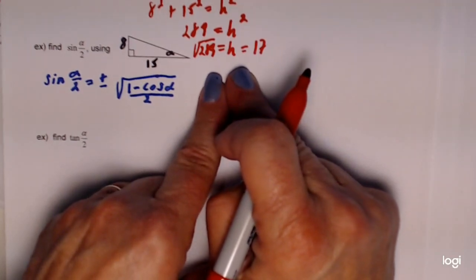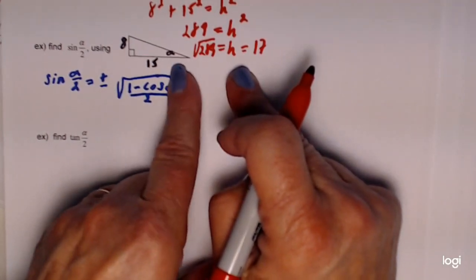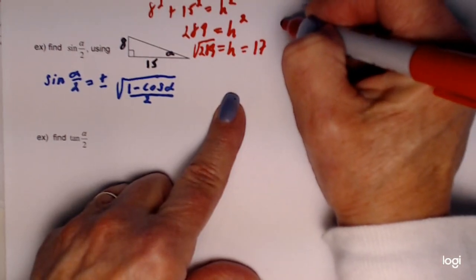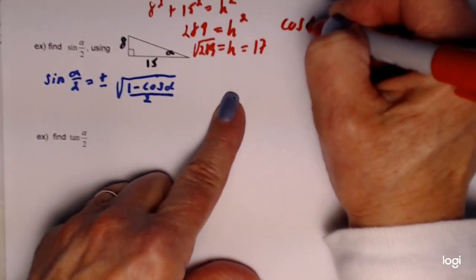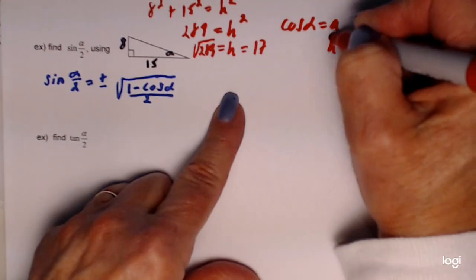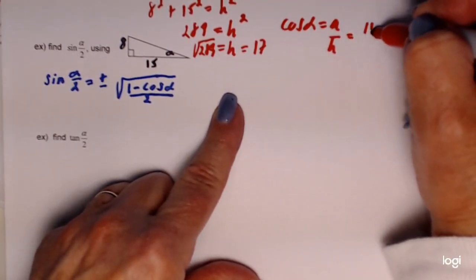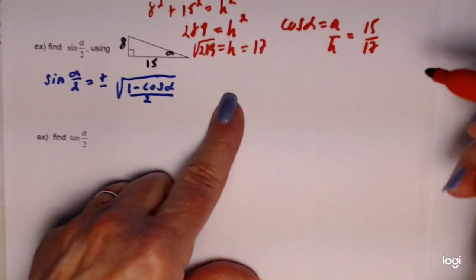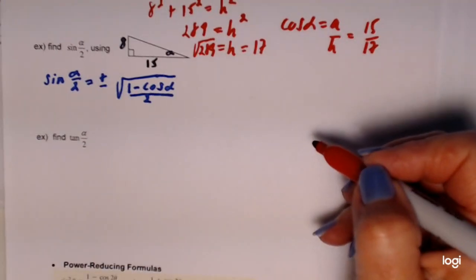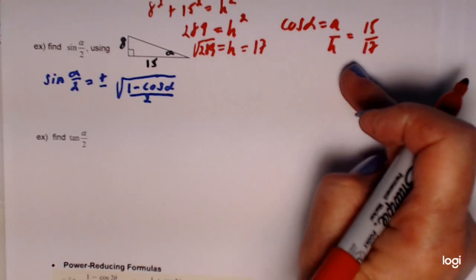And so now we know that we need the cosine of this alpha. So the cosine of alpha is the adjacent over hypotenuse, which is going to be 15 over 17. So there we have our cosine.